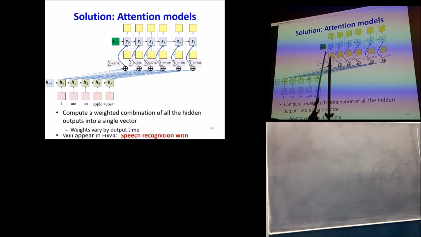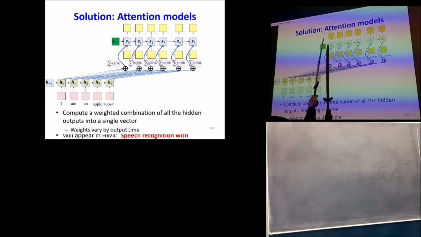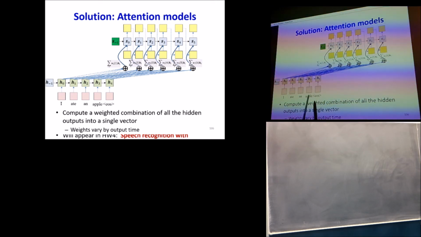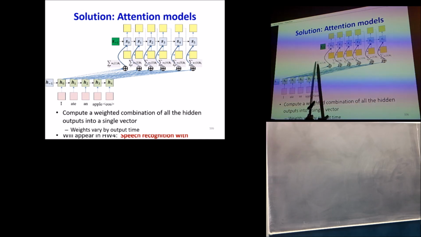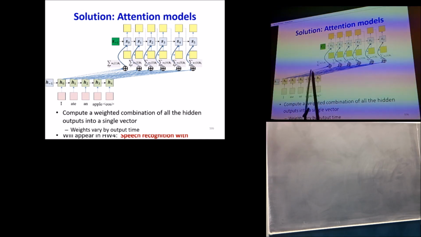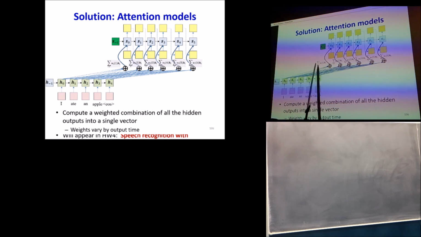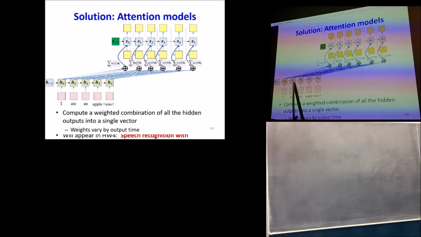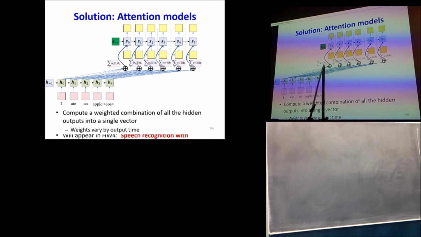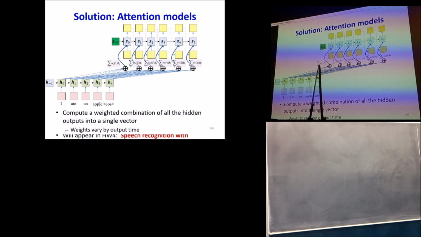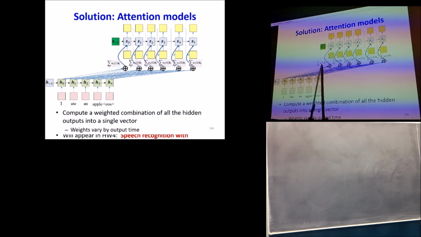So at time 0, in order to produce the word 1, it might actually combine these vectors with wi1. So it's going to be h0 multiplied by wi0 plus h1 multiplied by wi1 plus h2 multiplied by wi2 plus h3 multiplied by wi3, and so on.